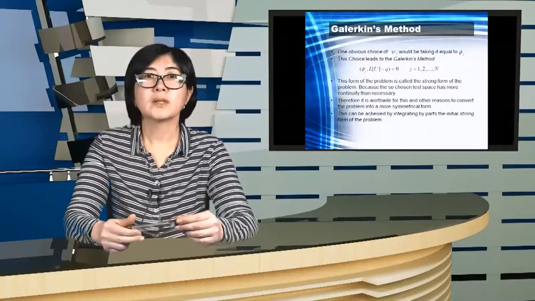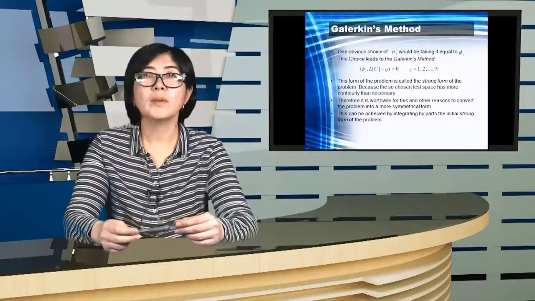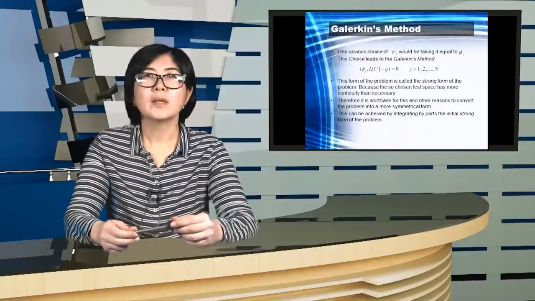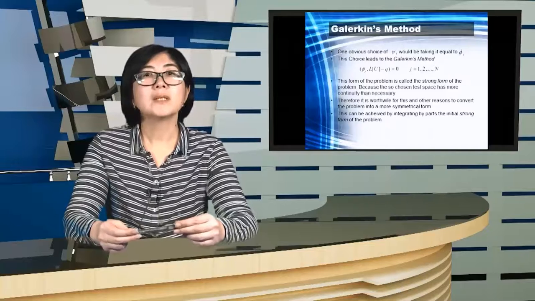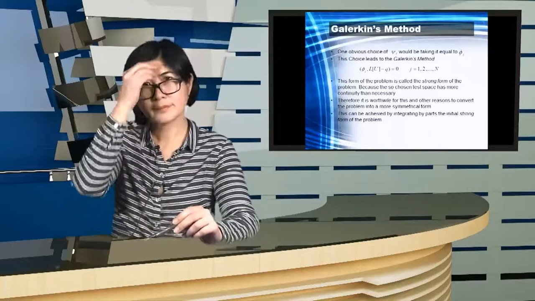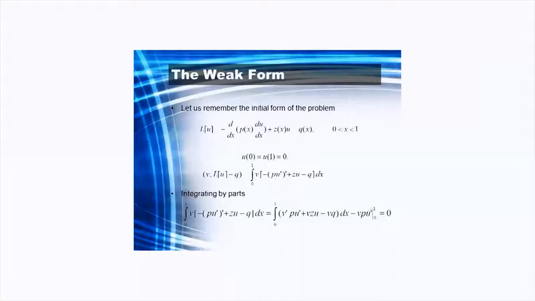The last equation is also called the strong form because the test space in this case has more continuity than necessary. As said in the previous section, the solution space of the problem has more continuity than necessary.